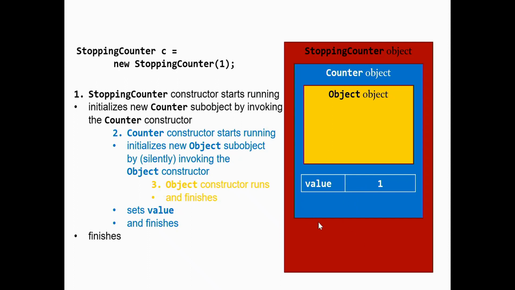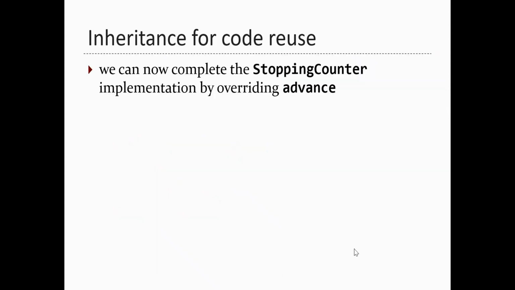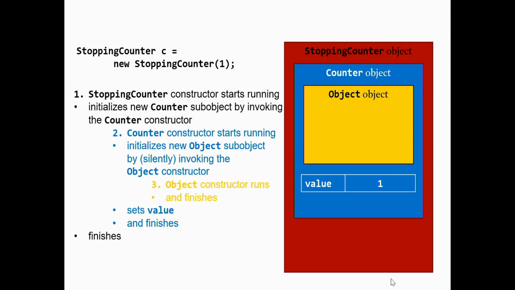And it's not till you get to the end of the stopping counter constructor that the stopping counter object gets built. So the subobjects inside of an object get built from the top down, or from the inside out. Object gets completed first, then counter gets completed second, and then finally stopping counter gets completed third.